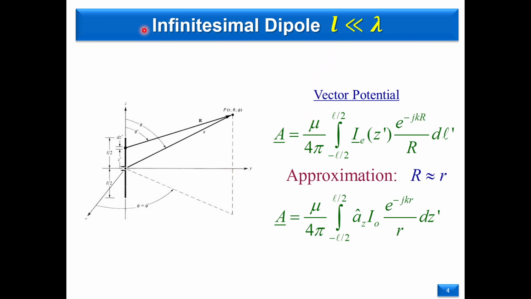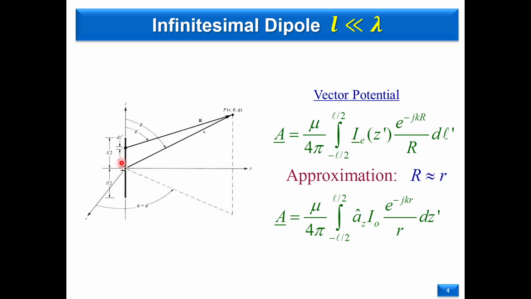The first setup that we're going to analyze is an infinitesimally small element centered at the origin, oriented along the z-axis. As we know, capital R is the distance or vector from source to observation. Small r is the vector from origin to the observation point, so it's the position vector of the observation point.